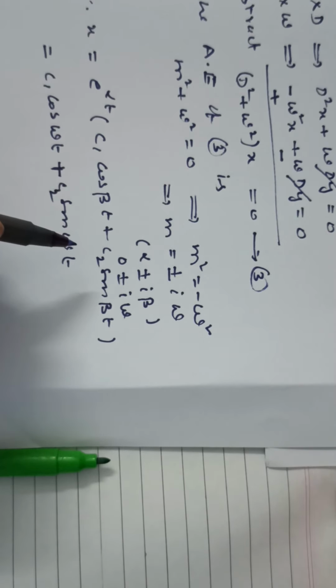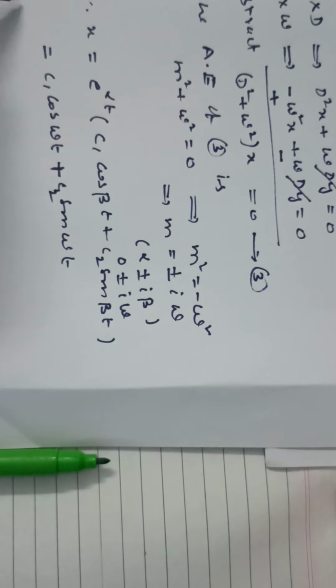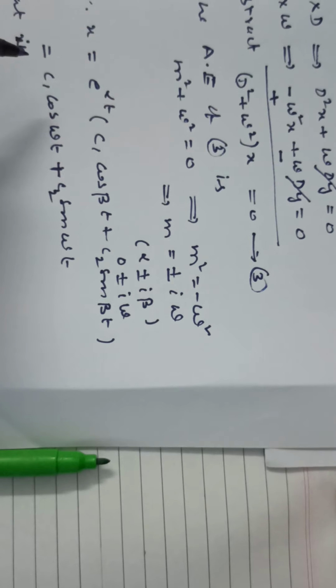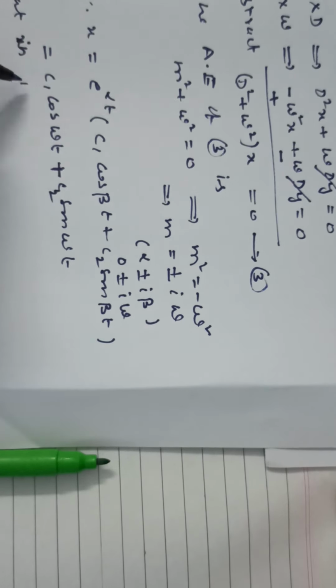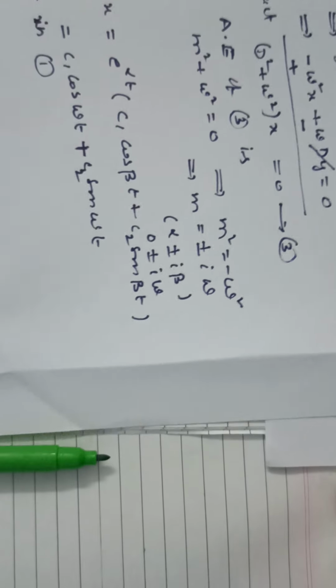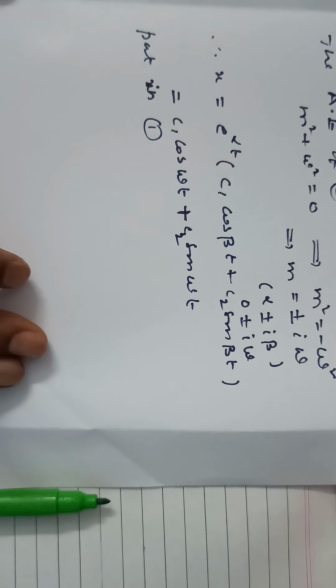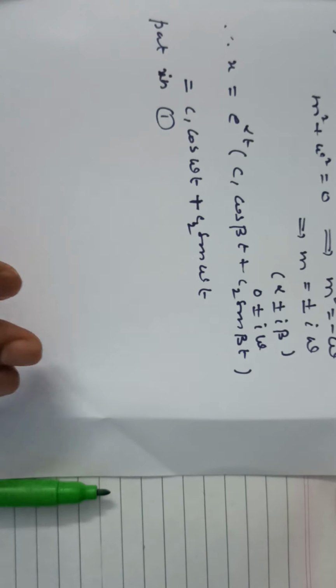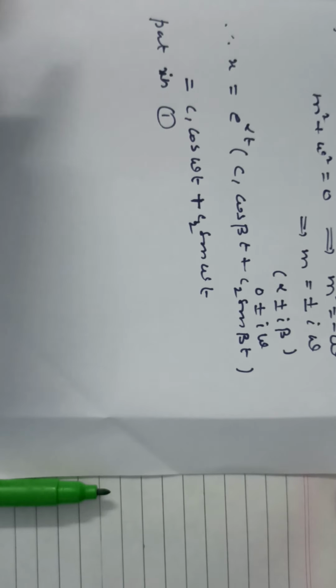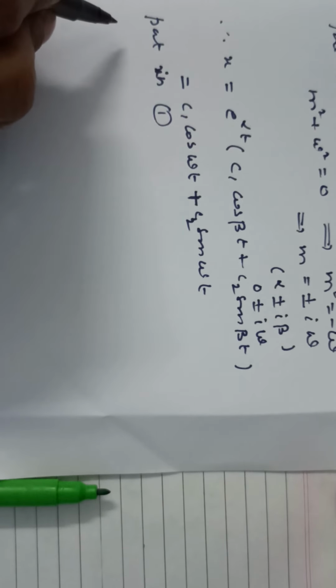Similarly, one more dependent variable is there. It is y. That value we can find. Put this x value in 1. So what is the equation 1? Here is D of x.